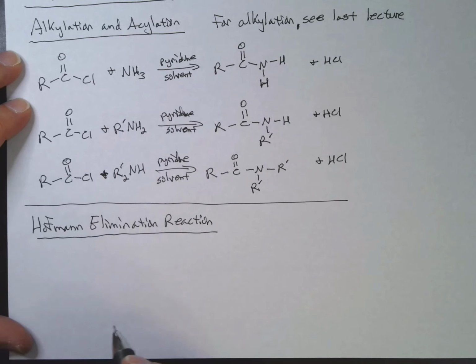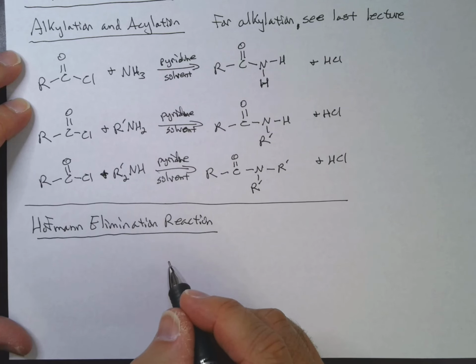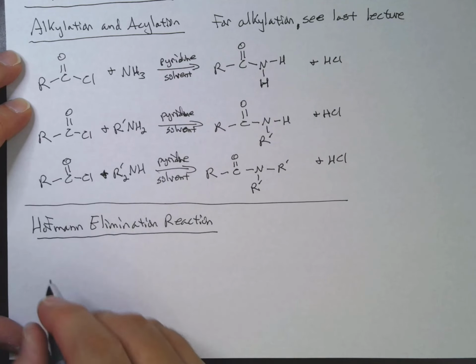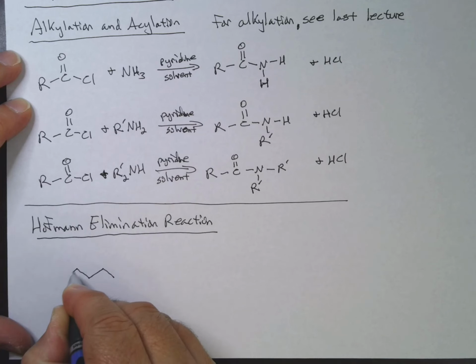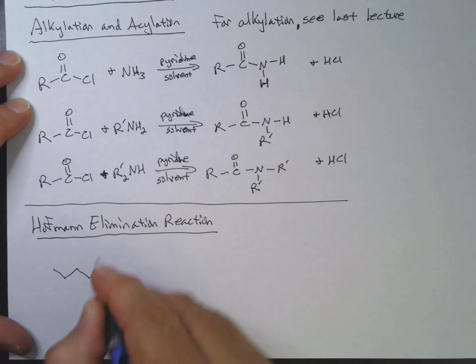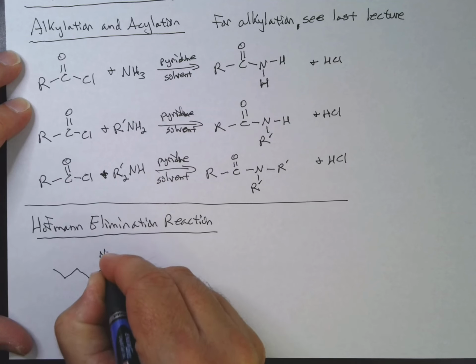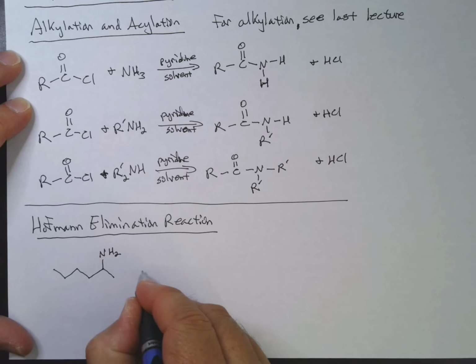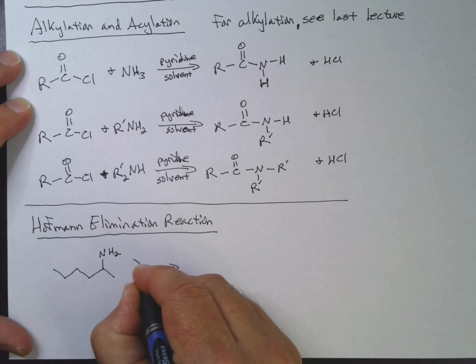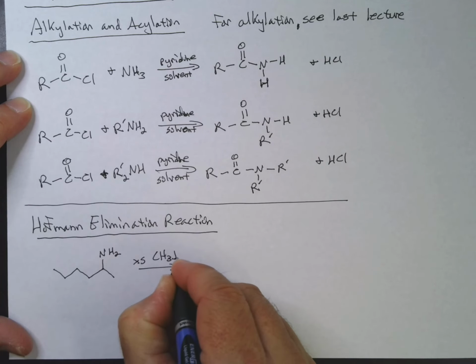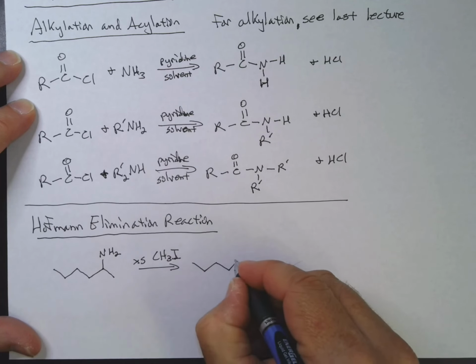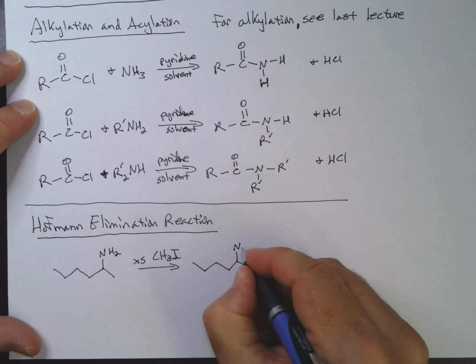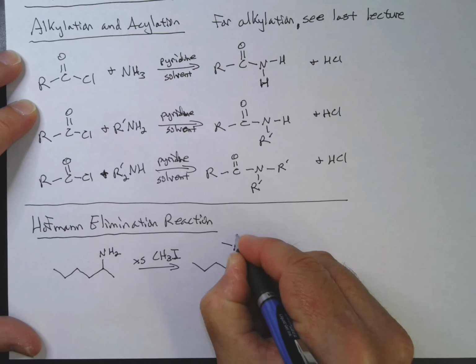So let's say we had, let's do NH2. So if I treat this with excess methyl iodide, I will get N, and I'll get 3 methyl groups on it here.